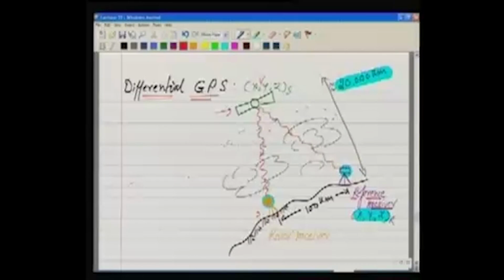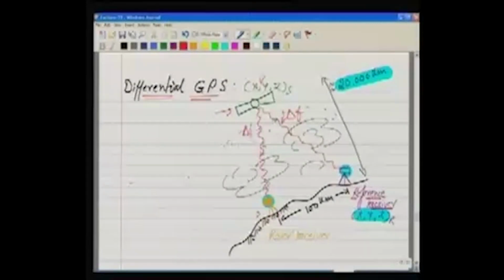Now this error in time, delta t, computed over here, can also be applied, because we are considering that the errors are the same. That's the assumption here. So the same time error can also be applied to the rover. The same time error is applied to the time measurement by the rover.